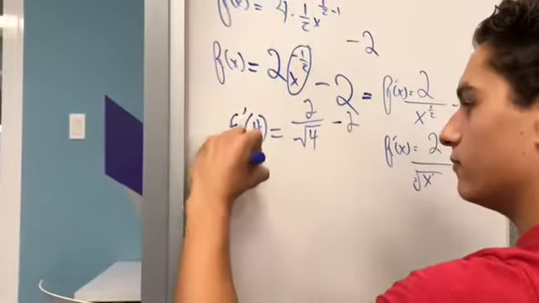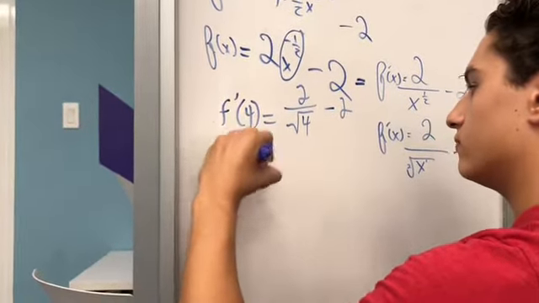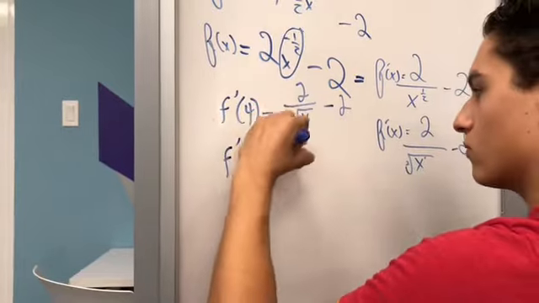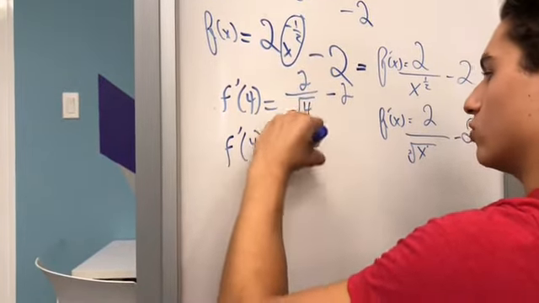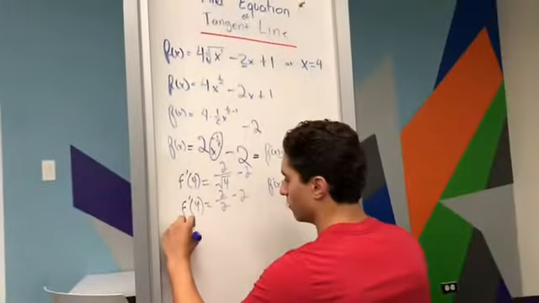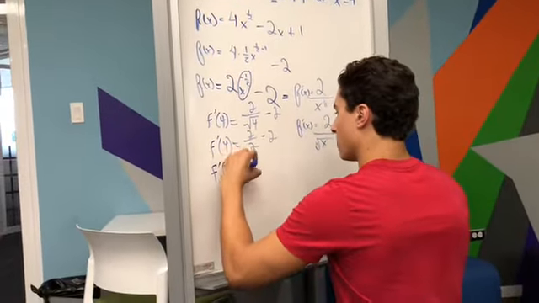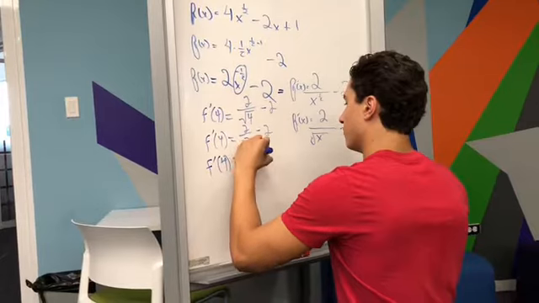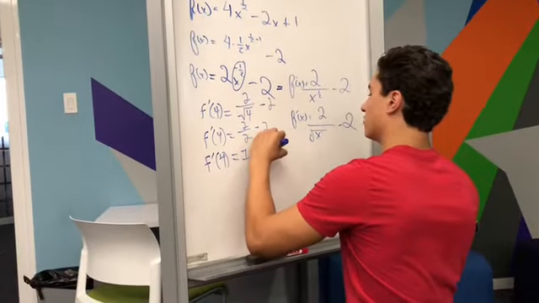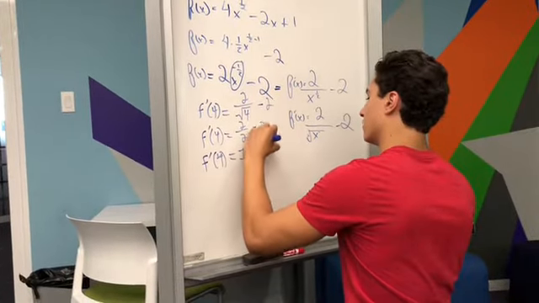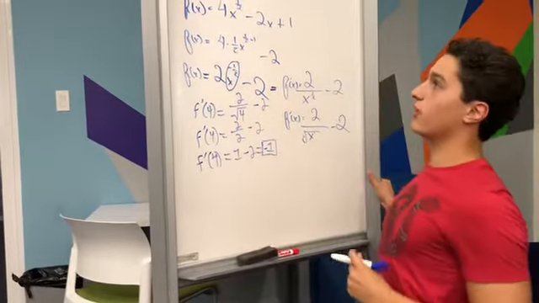That is gonna be 2 over 2 minus 2. It's gonna be 1 minus 2. That gives us a negative 1. So this is gonna be our slope.